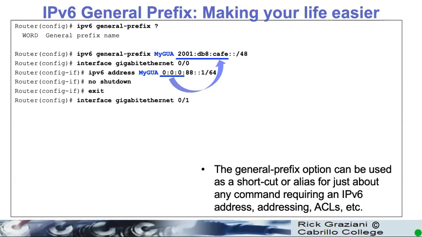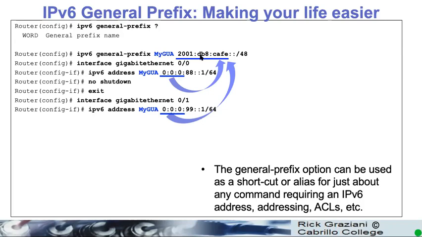Let's go ahead and do another address. Same thing, but I'm actually doing a different subnet. Here 88, here 99. They're both using my GUA, which is referring to this /48 prefix. The prefix is /64, remember, but the 88 and 99 refer to the subnet ID.